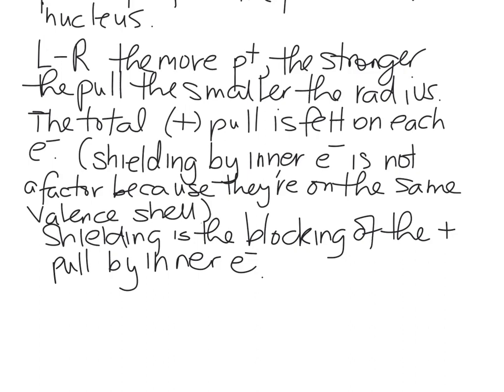So going left to right, they're on the same valence shell, so they have the same amount of inner electrons. So shielding is not a factor. What's happening is each nucleus has more positive pull, so it's pulling those electrons in tighter. So as you go left to right, you're going to decrease in radius because that positive pull is getting bigger.